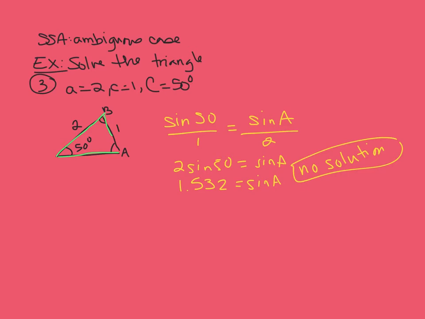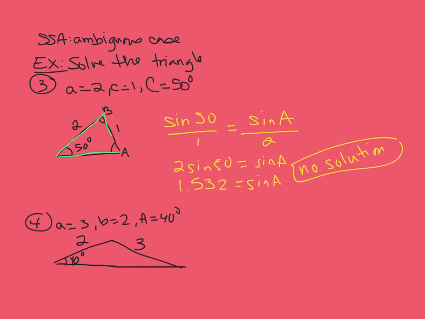That does happen sometimes. So next example is I have an angle of 40 degrees, and the side opposite of that angle is 3, and then I have another side of 2. So this is side-side-angle.